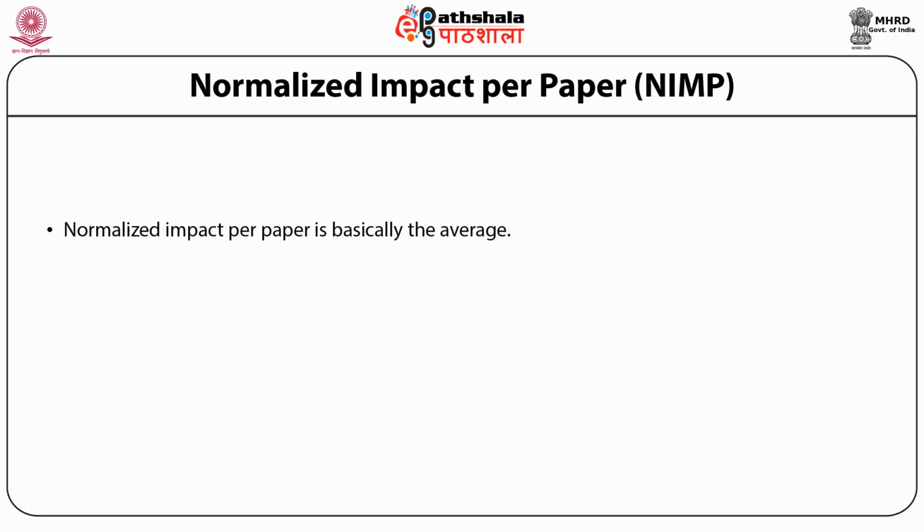Normalized impact per paper is basically the average. NIMP = Σ (i=1 to n) Pi Fi / n.